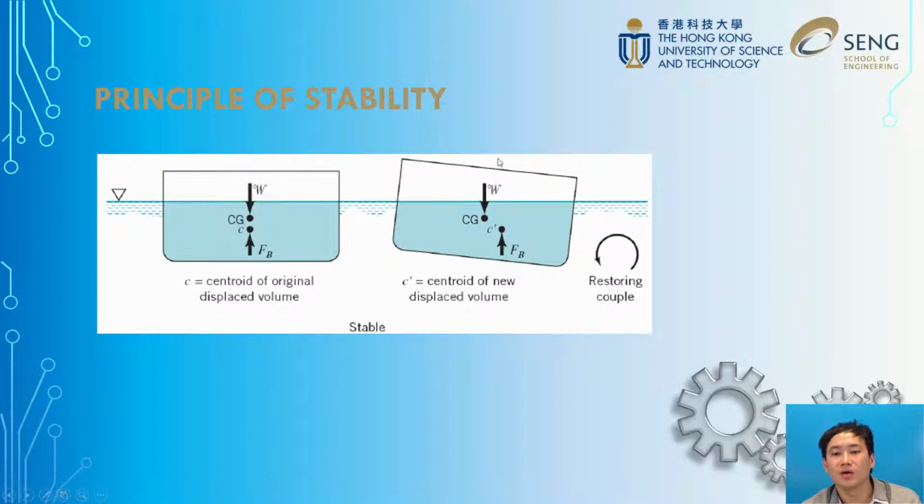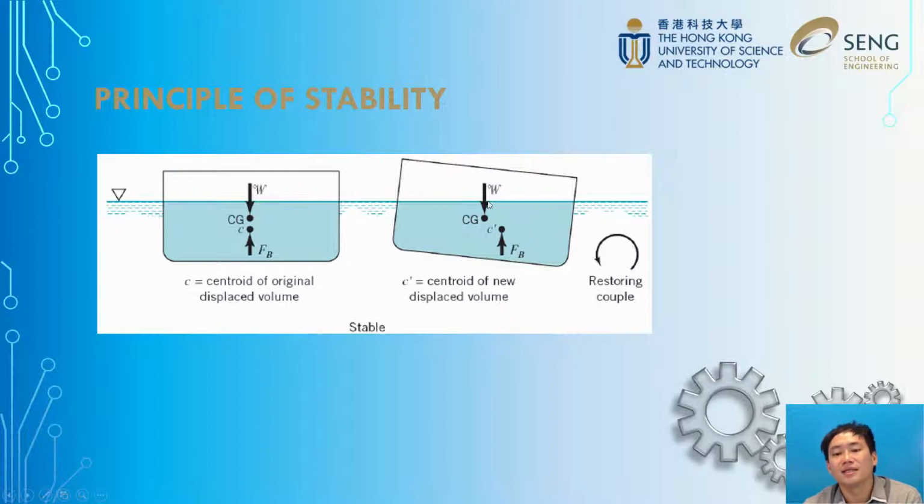According to the original condition, if the water distribution did not change, then the center of buoyancy would move to the left hand side. But in the vessel situation, because now you have more water towards the right hand side, the center of buoyancy will not move to the left hand side, but instead it will move to the right hand side.